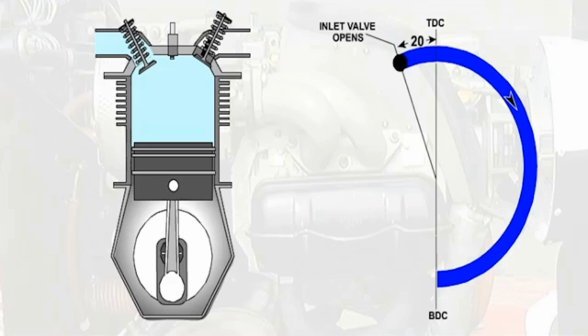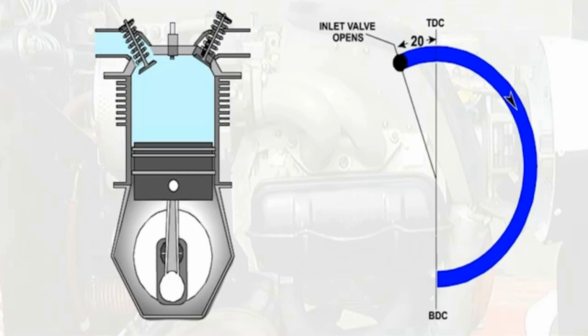The momentum of the incoming mixture increases as the induction stroke proceeds, and towards the end of the stroke is such that the gases will continue to flow into the cylinder even though the piston has passed bottom dead center and is moving slightly upwards.